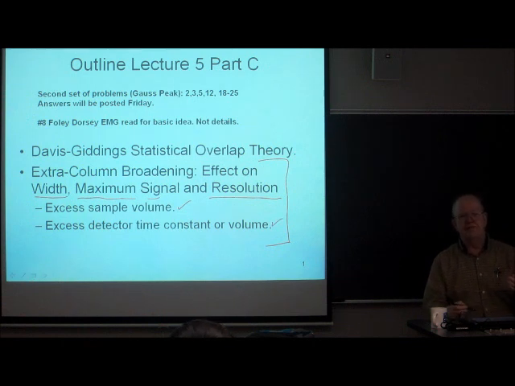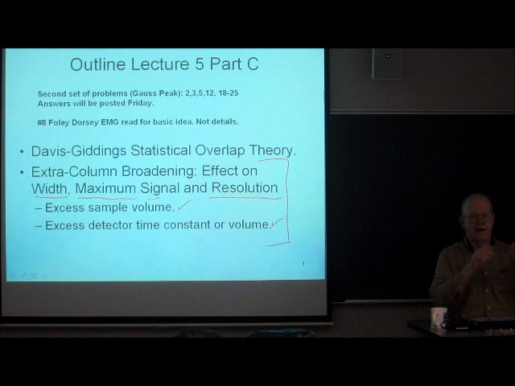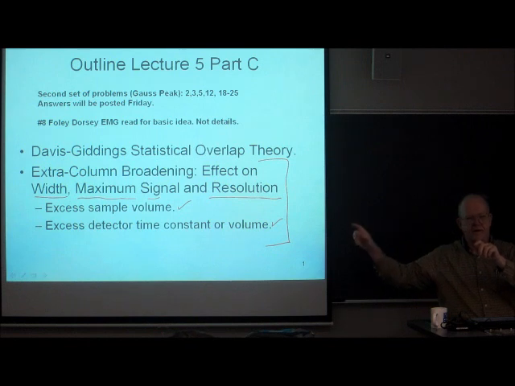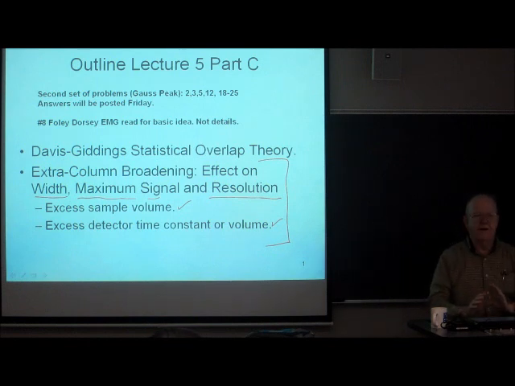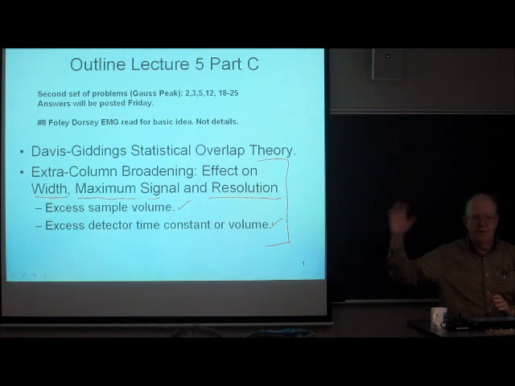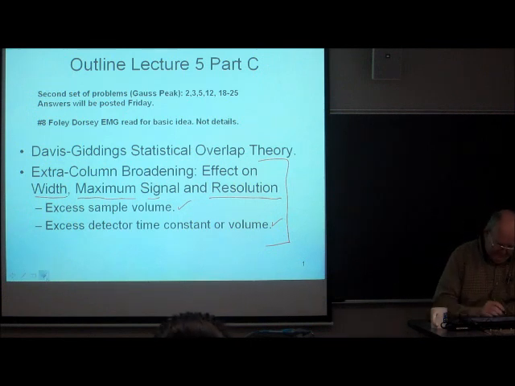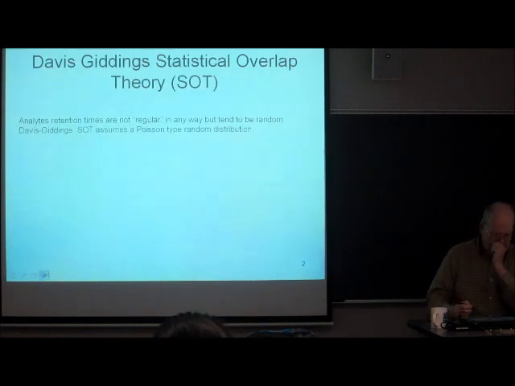There's a very important additional effect, and that is how much broadening happens in the connecting tubing between the injector and the column, and between the column and the detector. But we don't have the background yet to understand the details of that. We'll get into that probably in about a week and a half or 2 weeks from now.